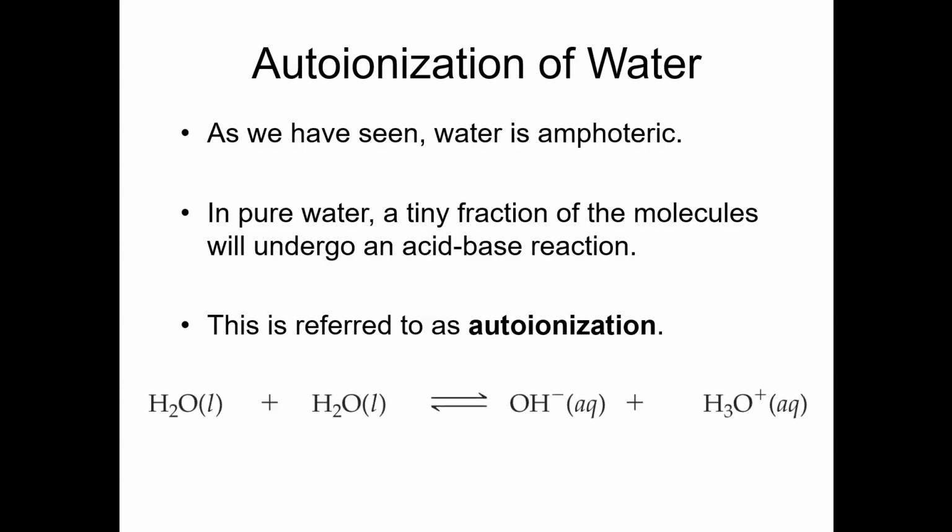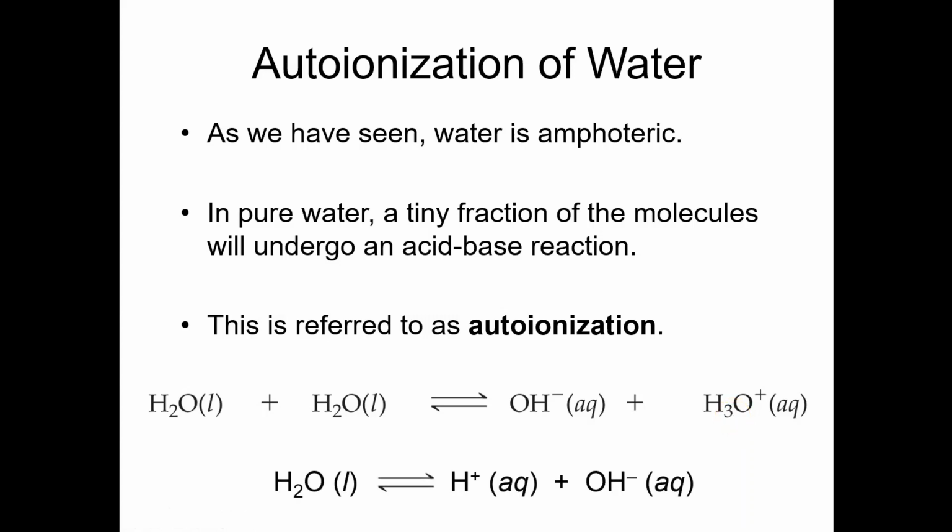So it is a molecule of water acting as an acid, reacting with a molecule of water that acts as a base. This one is going to donate a proton, and therefore it becomes hydroxide because it gave up a proton. This one is going to accept a proton, therefore it becomes hydronium because it accepted a proton.